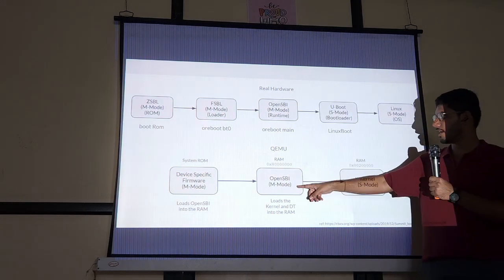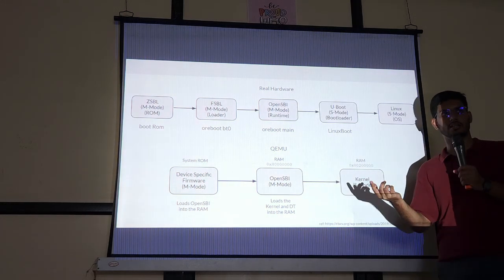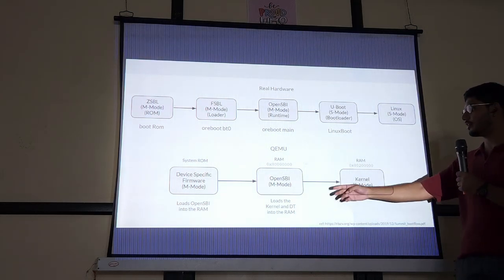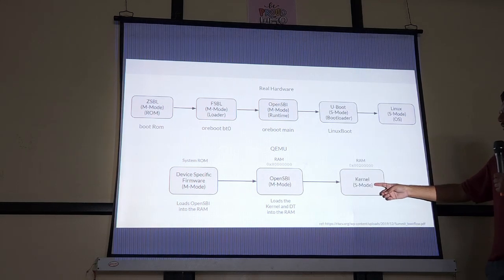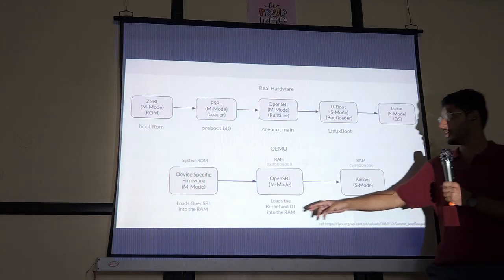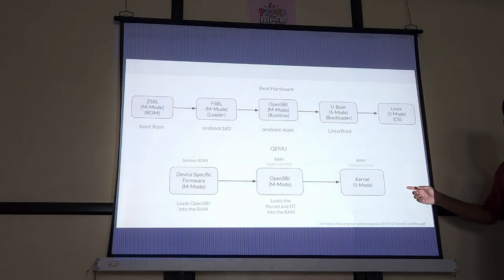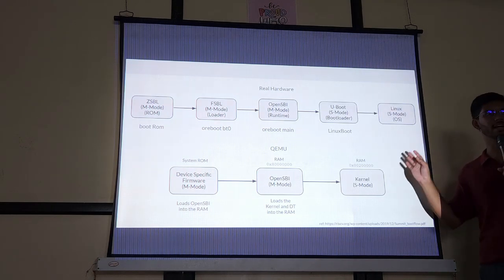In that, OpenSBI will load the Linux kernel and the device tree into the RAM. After this is done, we jump to the Linux kernel in S mode. Till here we had M mode. Now the kernel is in S mode. Now when we launch user space applications, they will be in U mode. So, like that. Any doubts here?